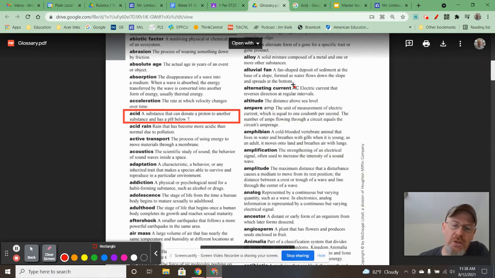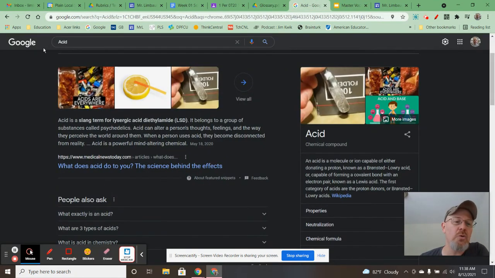The reason why I want you to use this glossary is not only because it's the definition you'll see on the vocabulary quiz, word for word, but also because if I Google acid, this is what comes up. Acid is a slang term. Over here, an acid is a molecule known as the Bronsted-Lowry acid, or capable of forming covalent bonds with an electron pair, known as a Lewis acid.